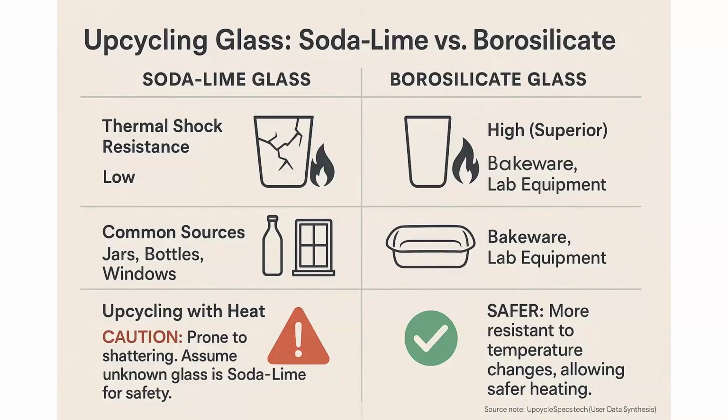Literally, last few little things. We've got glass: soda lime glass and borosilicate glass. The soda lime glass is the original glass that you may well have, like the bottles that smash.